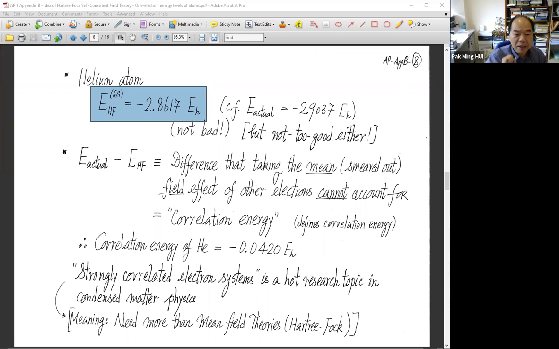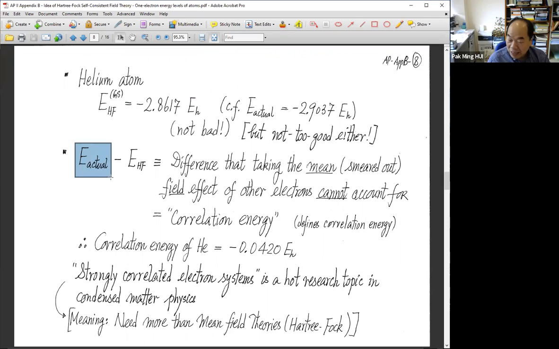There's some remaining effect that one has to do something better about, okay? To quantify how severe this remaining effect is, we define the actual value, the real value, minus the best you can do within Hartree or Hartree-Fock. That difference, the one that you cannot account for by self-consistent calculation, we call the correlation energy.